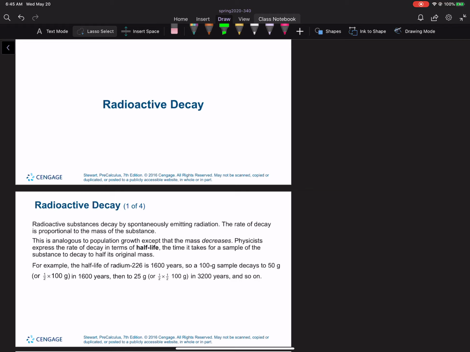By 3200 years, another half-life has passed, so it would have reduced to 50 divided by 2, which gives you 25. And after another 1600 years, you'd do 25 divided by 2 to get half of what is left.